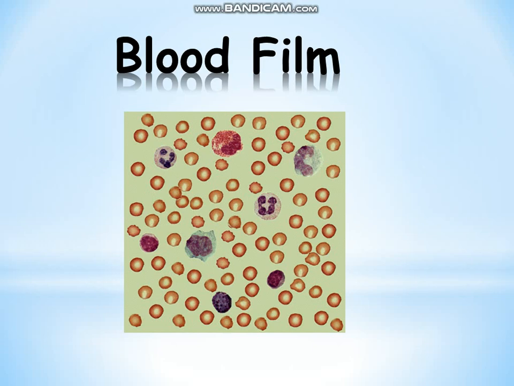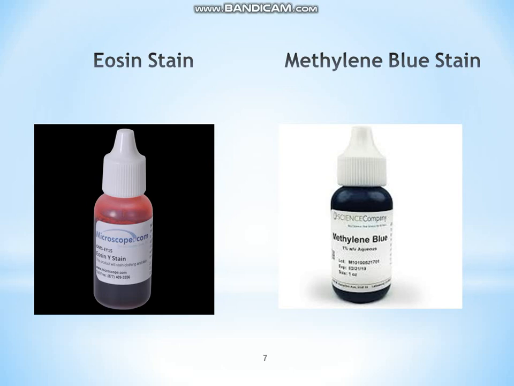This is the microscopic picture of the different leukocytes. As you can appreciate, these are the neutrophils, these are the monocytes, these are the lymphocytes, and these red rounded particles are the erythrocytes. This blood film can be seen under the microscope.